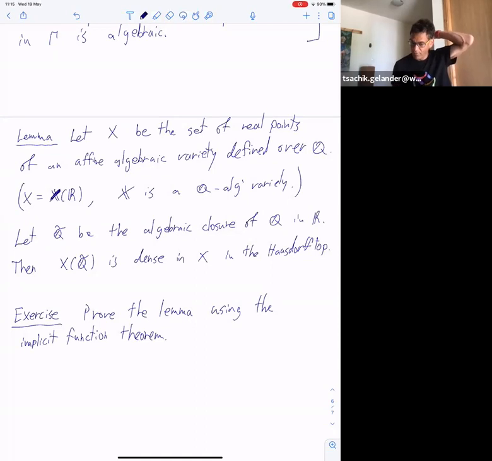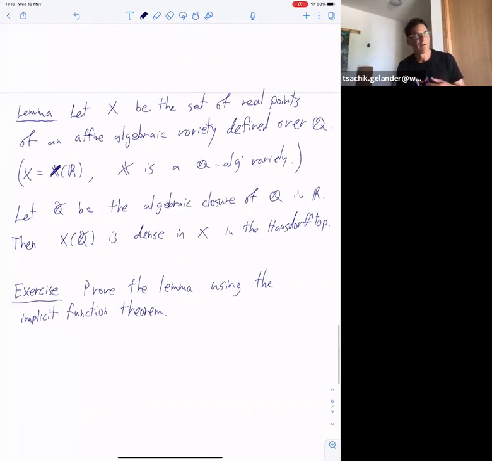In fact, the only reference I'm aware of for this, so this was of course well known to many people, in particular to Selberg. He mentioned this lemma in his paper, but he doesn't bother to prove it. I wrote a proof for it in one of my papers, because I needed a version of this lemma for other local fields, not for R, but also for positive characteristic, where the proof becomes a bit tricky.